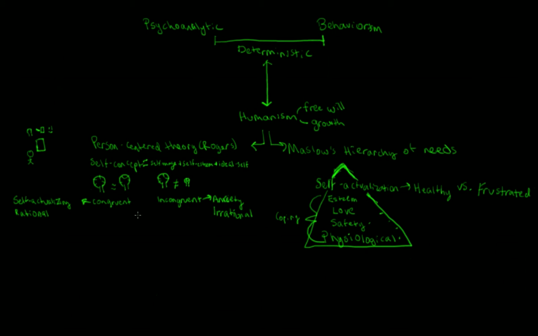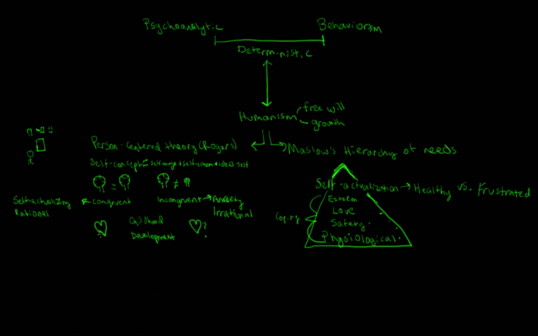Carl Rogers believed that what led to either a congruent or an incongruent personality occurred in childhood development. So, in childhood, you could have either received unconditional love by your parents, or you could have received conditional love by your parents.